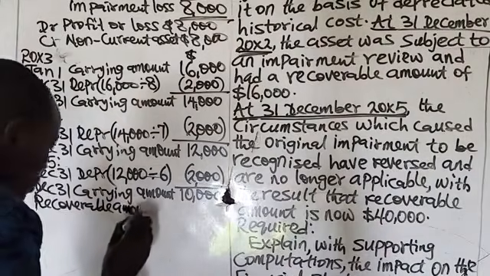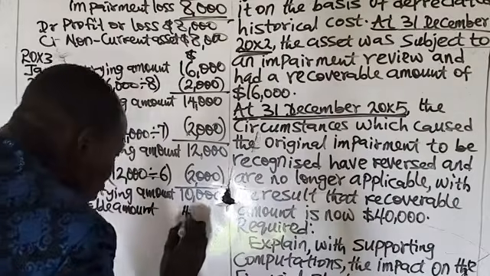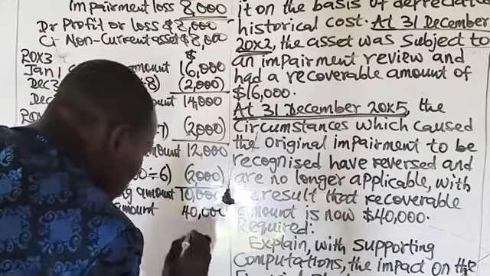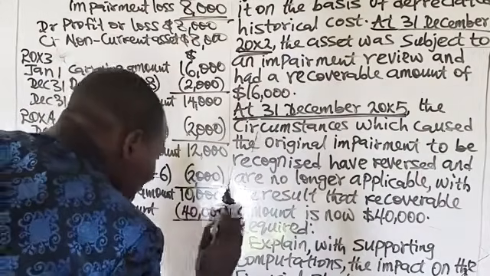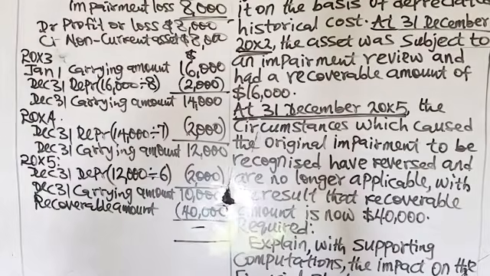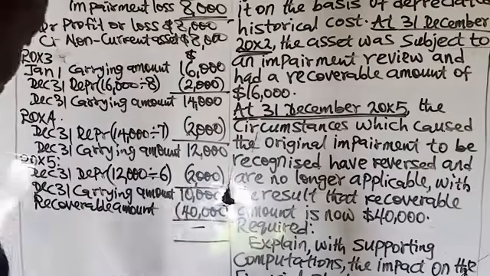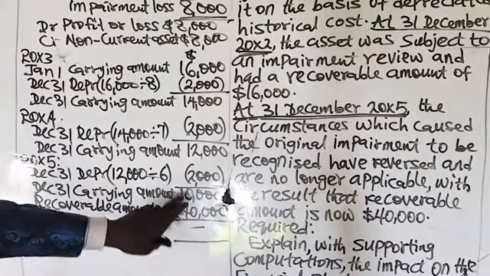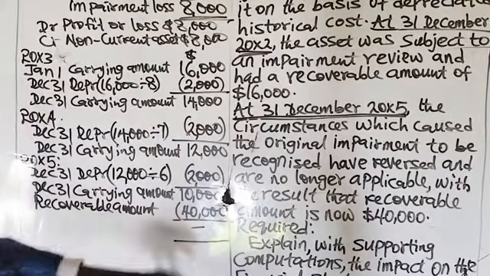If you subtract, we cannot say the amount of impairment loss we are going to reverse will be 30,000, because if you have this minus this, it will be 30,000.